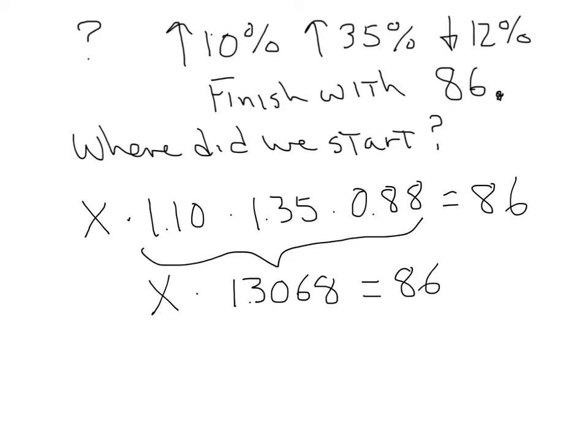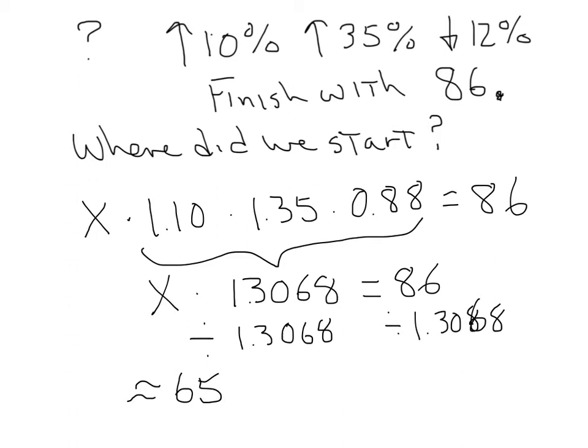We can then divide both sides by 1.3068, and we can get the result of 86 divided by 1.3068 equaling approximately, of course, since I just picked some random numbers, 65.8096 and some more change.